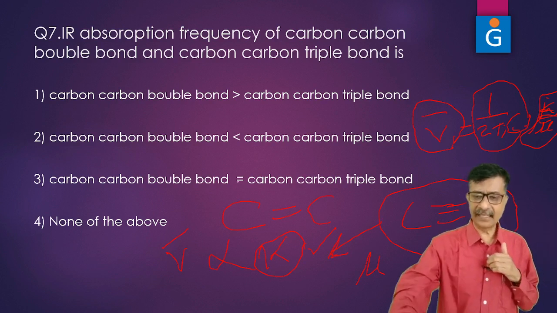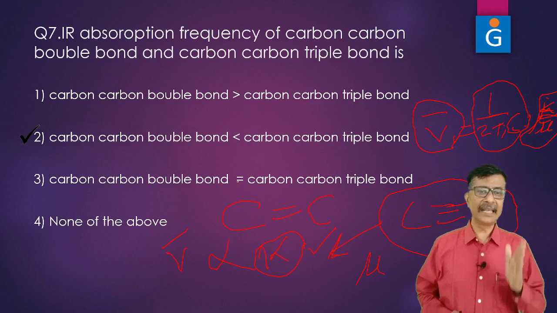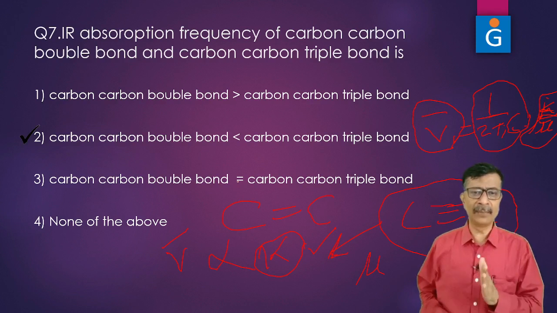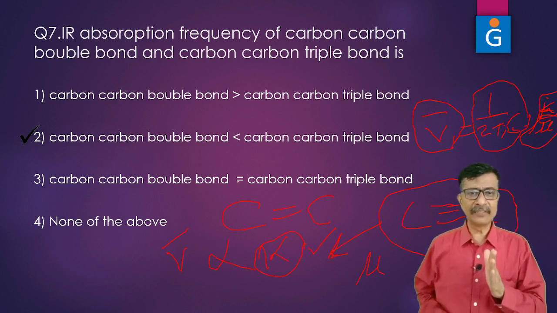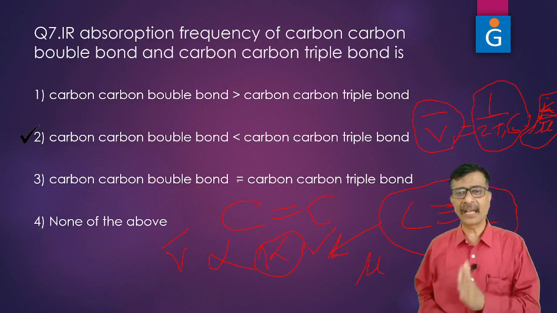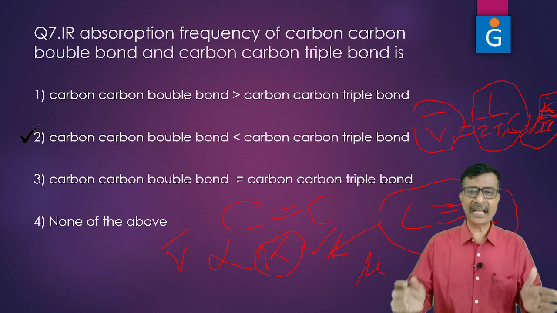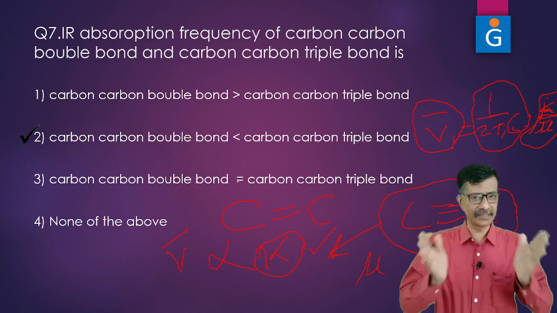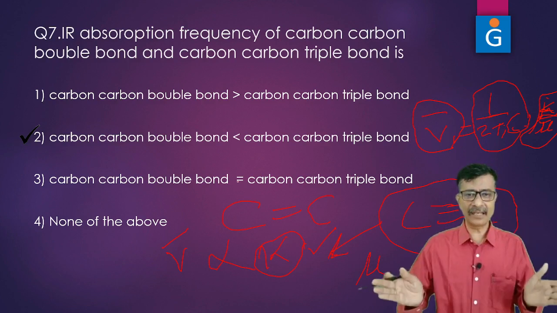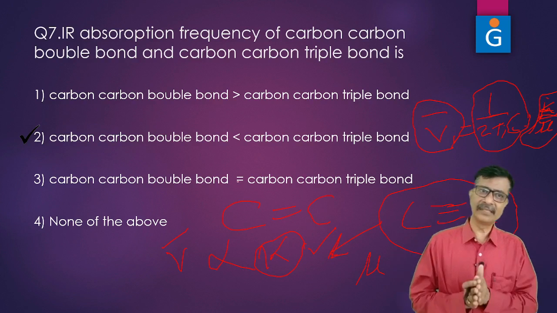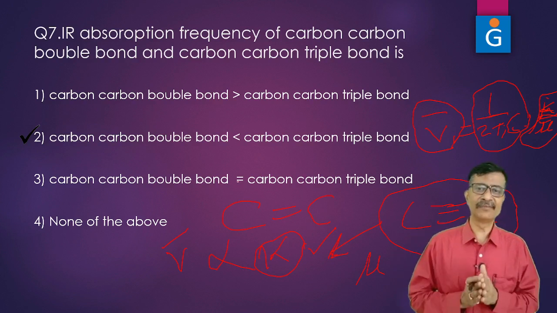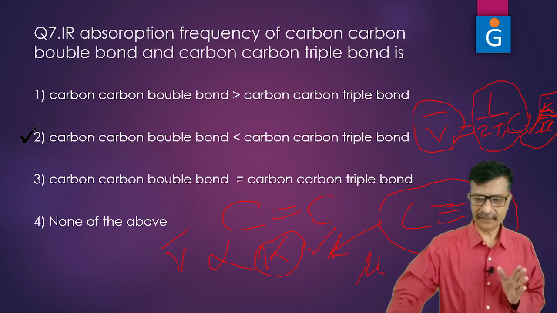So the answer is this. In case of carbon-carbon double bond, the frequency will be less than in carbon-carbon triple bond. Right? Because in carbon-carbon triple bond, bond order is higher, force constant is higher, so natural vibrational frequency is higher and IR absorption frequency also will be higher.